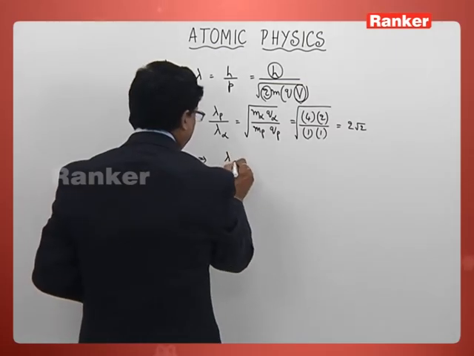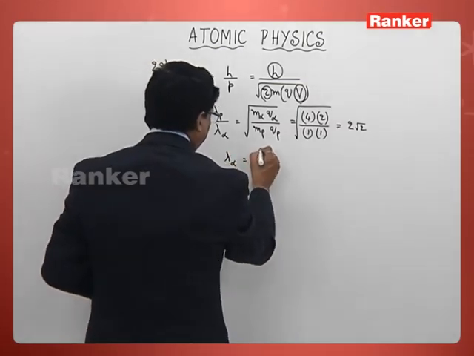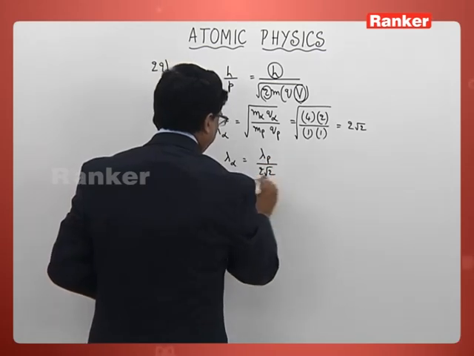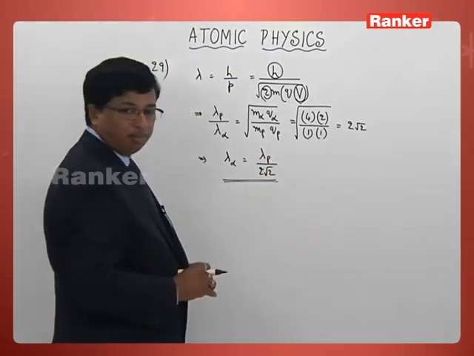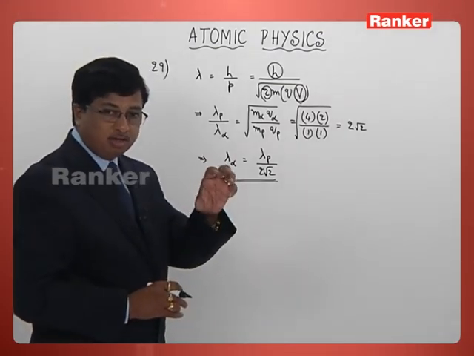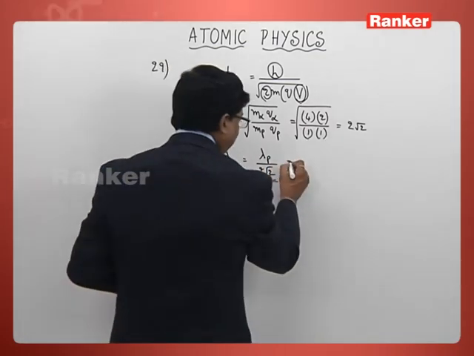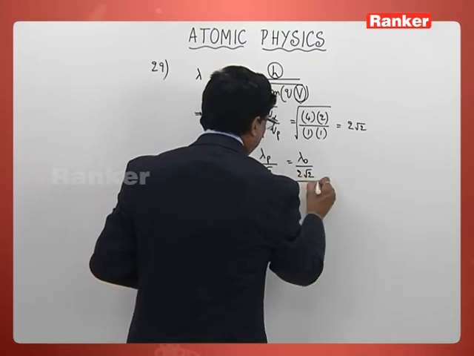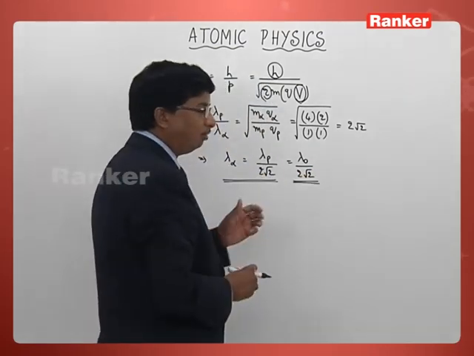Therefore lambda alpha now becomes lambda of proton by 2 root 2. This actually is the relation. What is lambda of proton given in the problem? It is given as lambda naught. Therefore lambda naught by 2 root 2 must now be our answer.